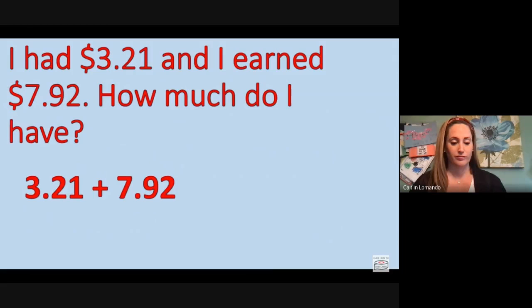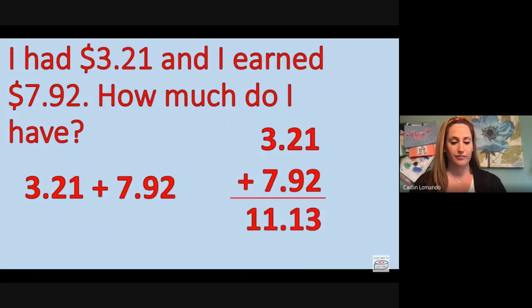So in this case, I would write it out vertically and solve it. 3.21 plus 7.92 is equal to $11.13. Normally with a word problem, you would also have a full sentence answer, something like, I now have $11.13. And that would be how you would solve this type of question with addition or increasing with decimals.